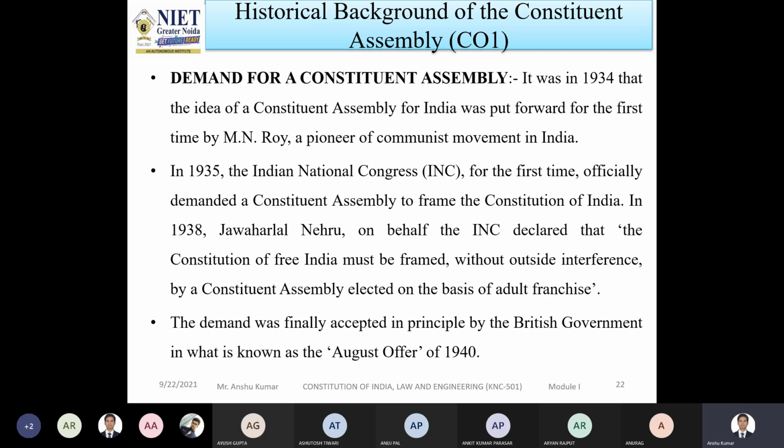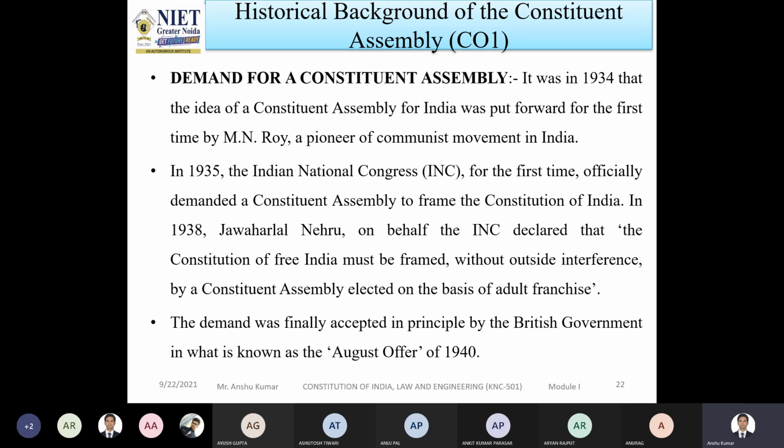Now, when was the demand for a constitution first raised? It was in 1934 that the idea of the Constituent Assembly for India was put forward for the first time by M.N. Roy, a pioneer of the communist movement in India. M.N. Roy was the first one to raise the voice demanding a Constituent Assembly.